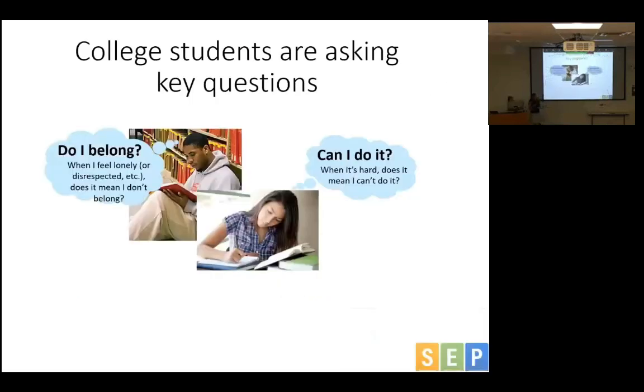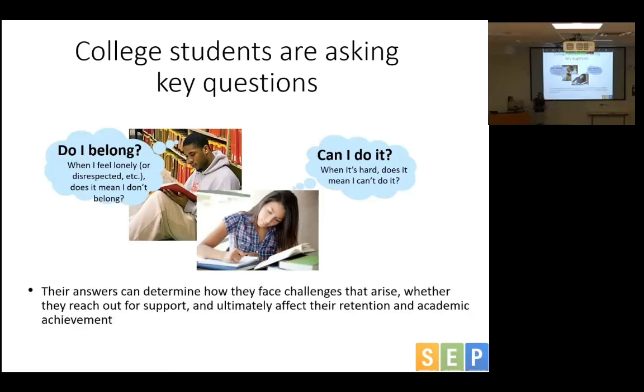And this is very important because when students come into our class, they're asking themselves questions about whether they belong to the class and whether they have the ability to do well in that course. So they're coming in and saying, do people like me belong to this field, belong to this class? Do people like me have what it takes in order to do well in this class? And so the answer determines their persistence.